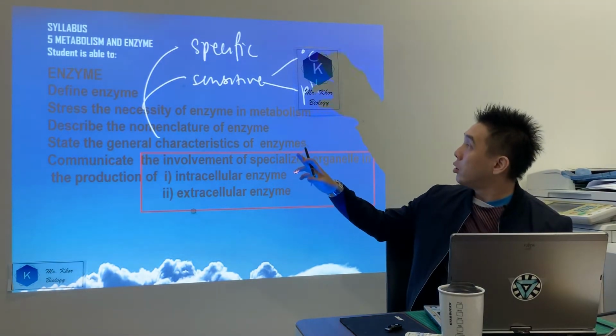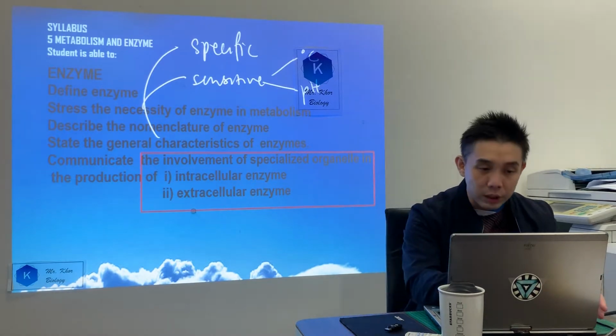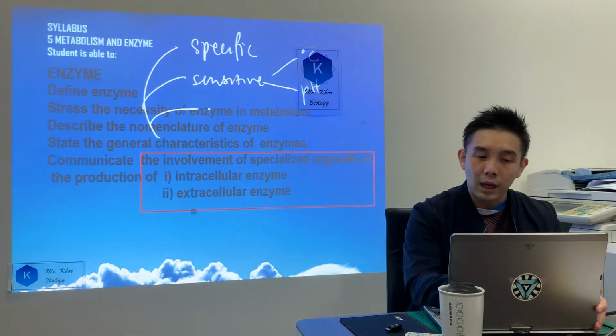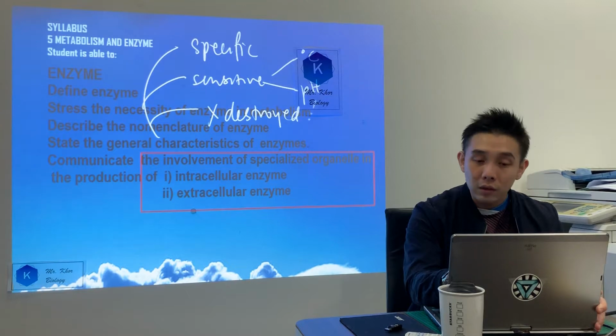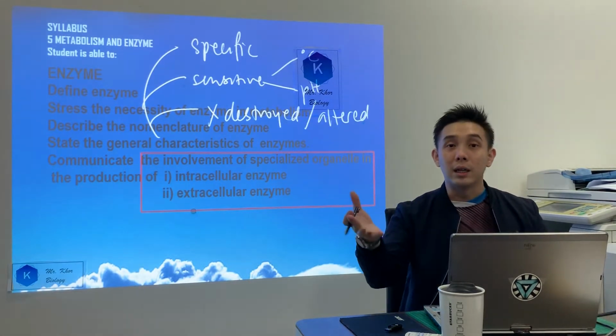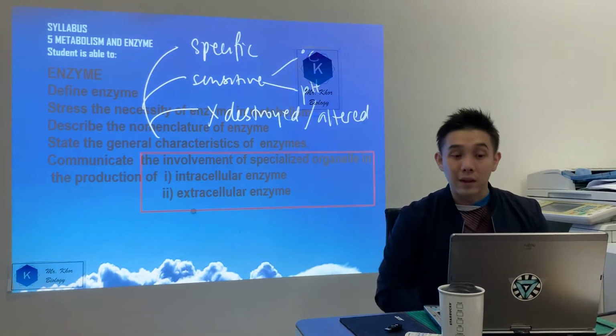Anyhow, I'll still be going through this again. They are not destroyed, tidak dimusnahkan, not altered, meaning not changed after a chemical reaction. So all those we have seen in the previous lesson.